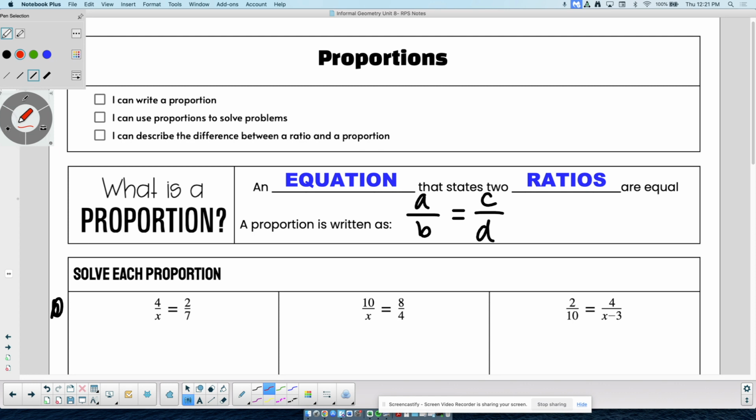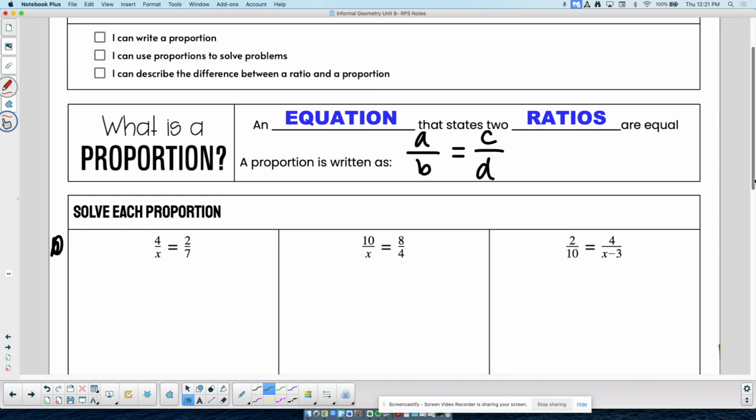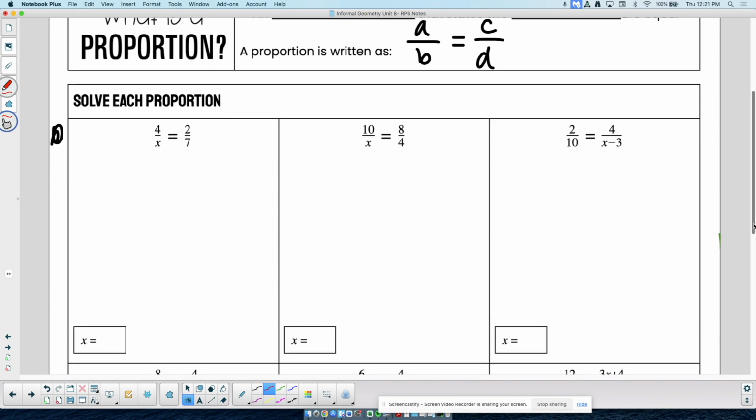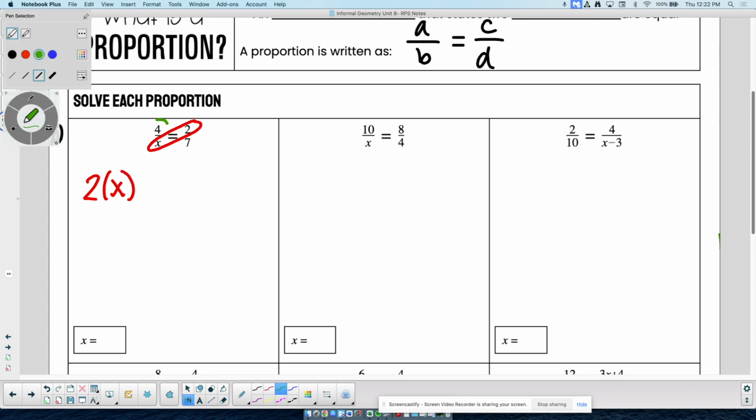Now you would typically have solved these in 7th grade, but with COVID and just where the world was at that point, it's hard to say if you did or not. But it's very easy. We do something called cross multiplying, or the butterfly method, as some of you might know it. You take 2 times x, and I'm going to go the other way. 4 times 7 equals 4 times 7.